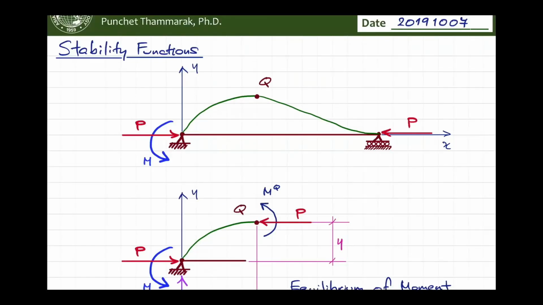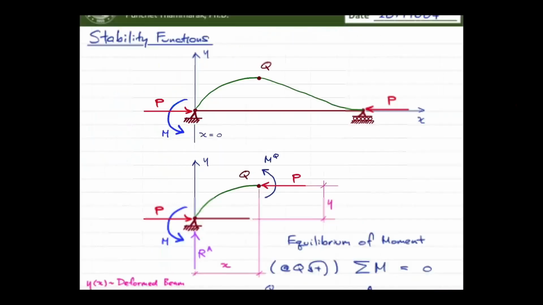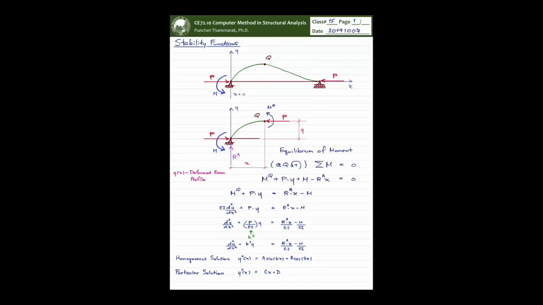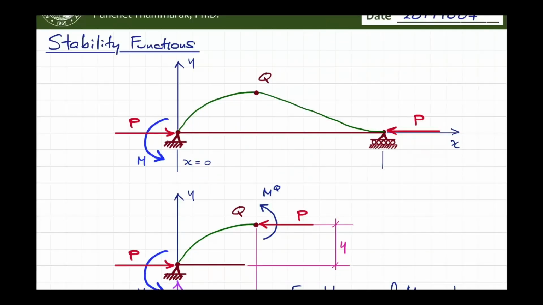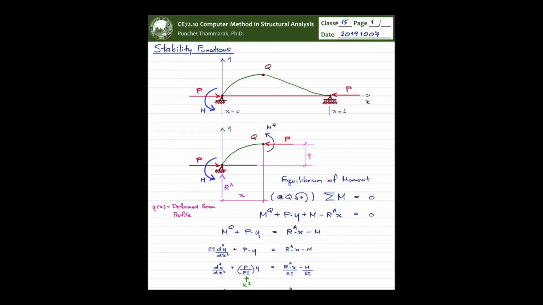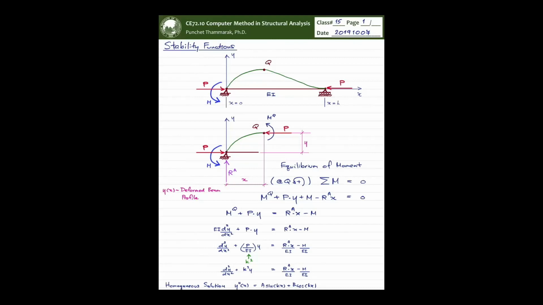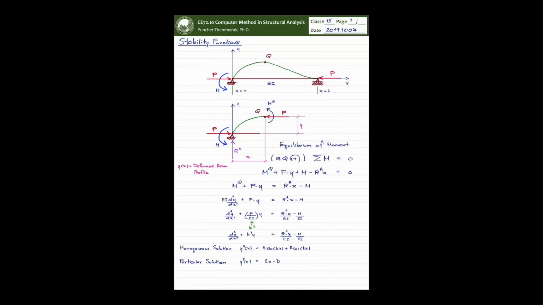Let me precisely specify this value: x equals 0 at the support, and over here x equals L, which is the length of the beam, and your beam has the rigidity of the cross section being the EI, right?